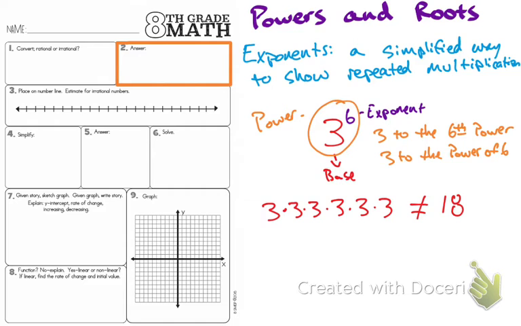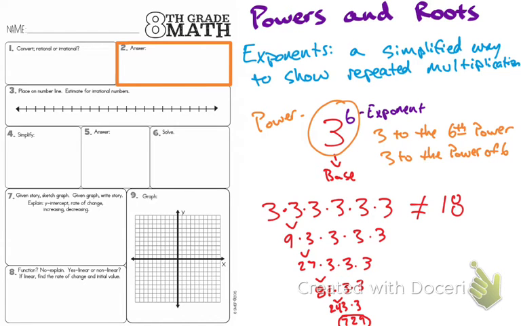That would be repeated addition, but this problem is asking us to do repeated multiplication. So I'm going to do that repeated multiplication here down below, simply multiplying by a group of 3 each time as I move my way down this problem until I've multiplied by 3 six total times. In this case, I would end up with an answer of 729.